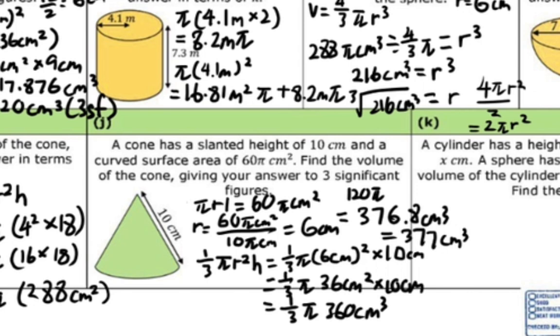Question K. A cylinder has a height of 16 cm and a radius of x cm. A sphere has a radius of 2x cm. The volume of the cylinder and the sphere are equal. Find the value of x.